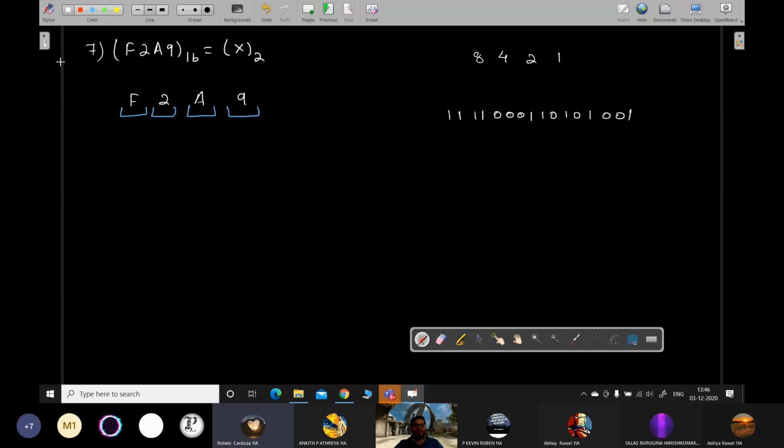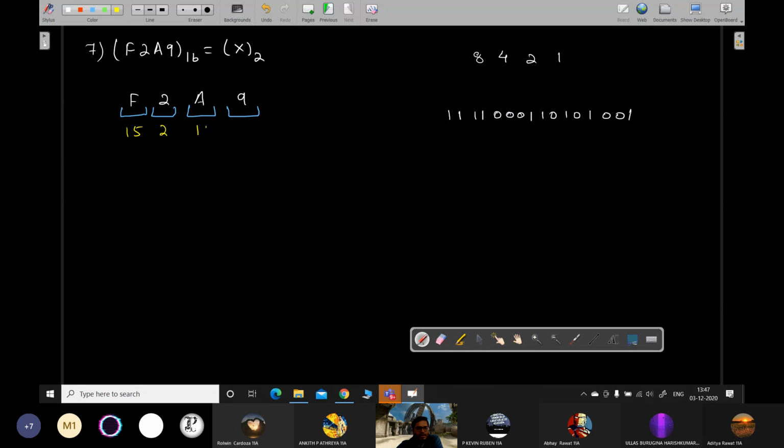Okay. Let us see. This 9. If you have written 15, this total comes as 15. So if you have written 9, which two numbers sum will give you 9? 8 plus 1. The rest will be 0. Only these two will be 1. So let us write the conversion first. This F is 15. 2 is 2.